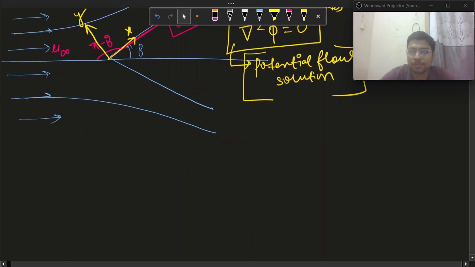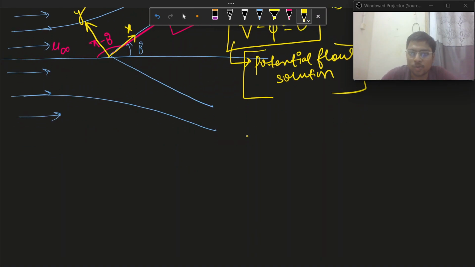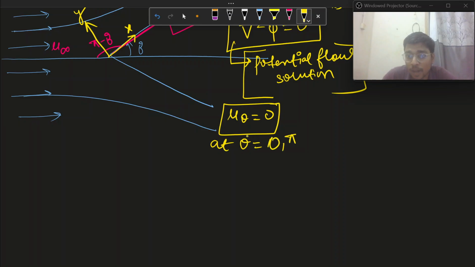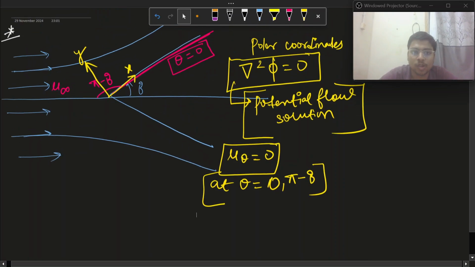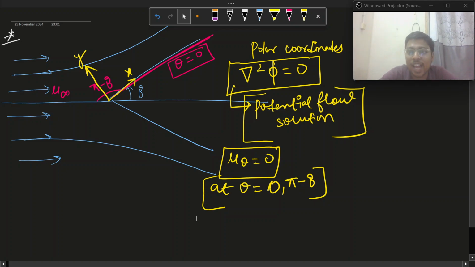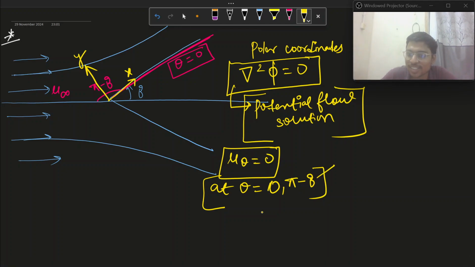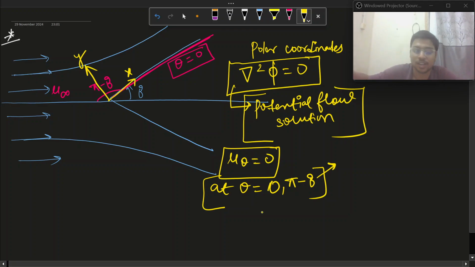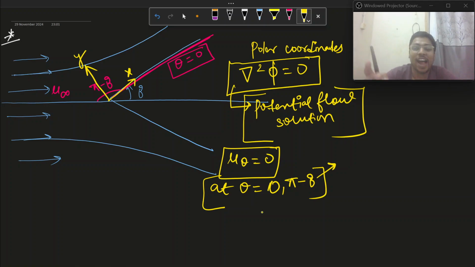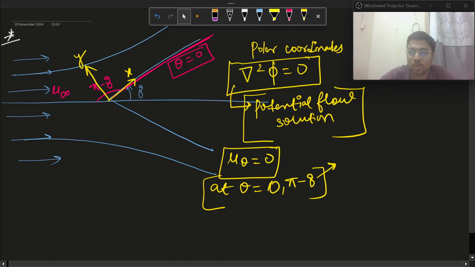So here, u theta is equal to 0 at theta is equal to 0 and pi minus beta. Why? As it is a surface, so the u has to be 0, right?